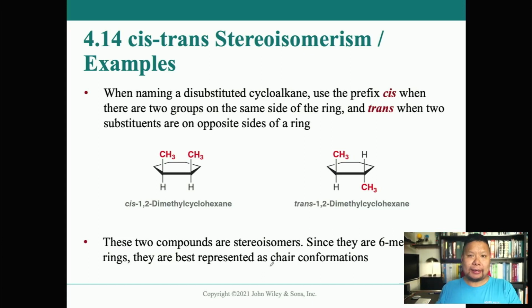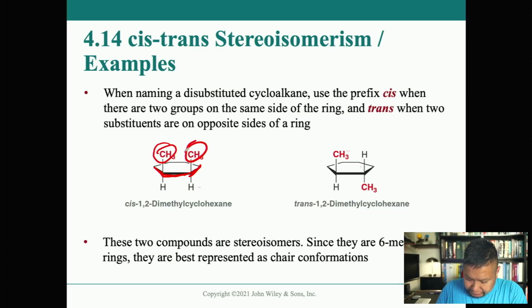When naming disubstituted cycloalkanes, we use the prefix cis when you have two groups on the same side of the ring, and we use the prefix trans when they're on opposite sides of the ring, right? Which makes kind of sense. So here we have cis-1,2-dimethylcyclohexane, because this cyclohexane is laying flat with the three front bonds going towards you, and the methyl groups are on the same side.